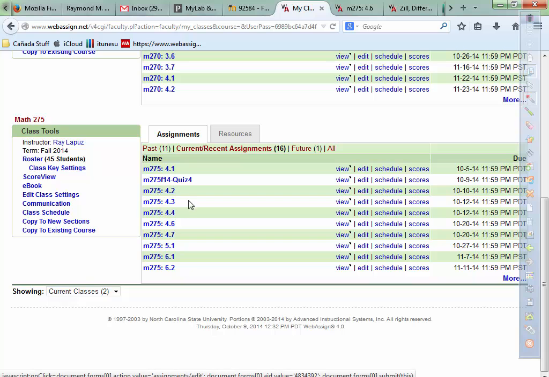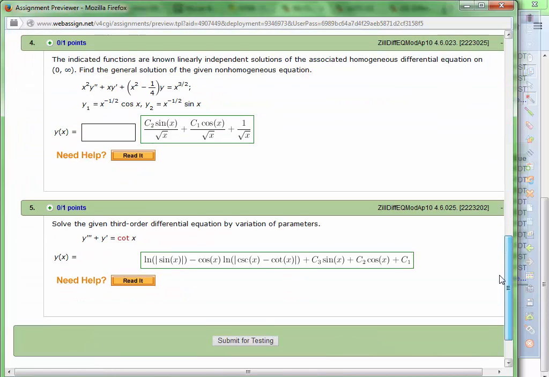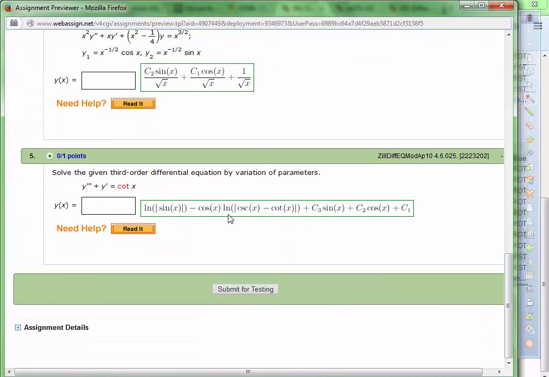Let's see, what section is this? 4-6? Yeah, so this is the issue in the middle here. And there is no sine squared. So then that other sign is positive.